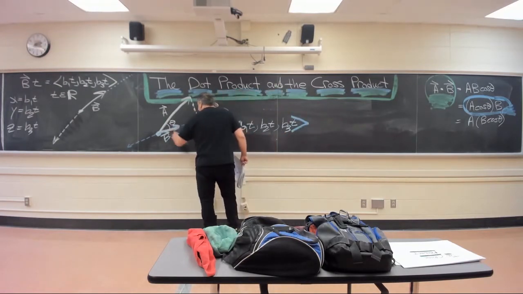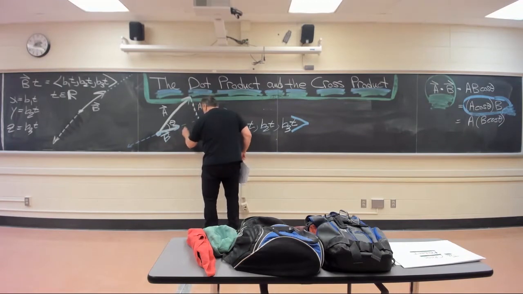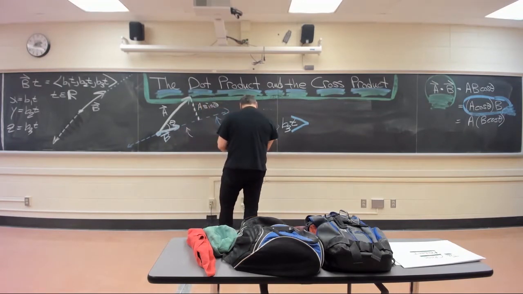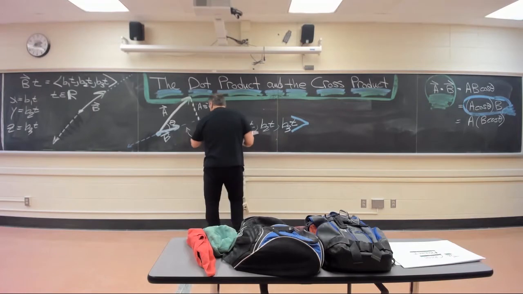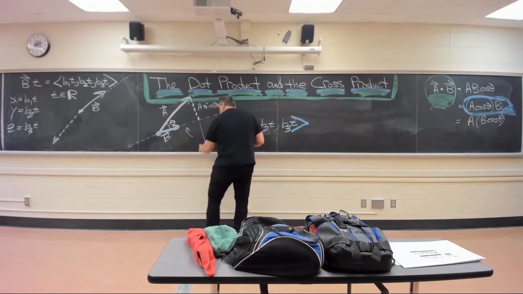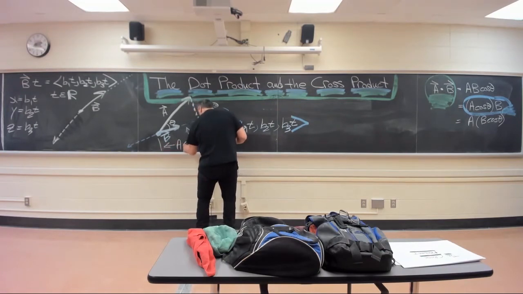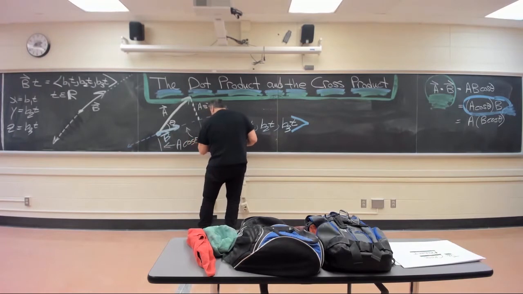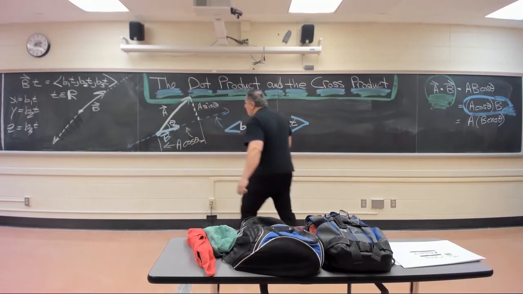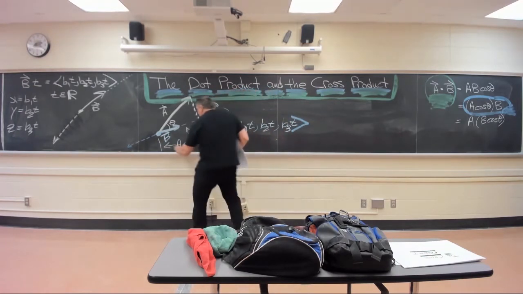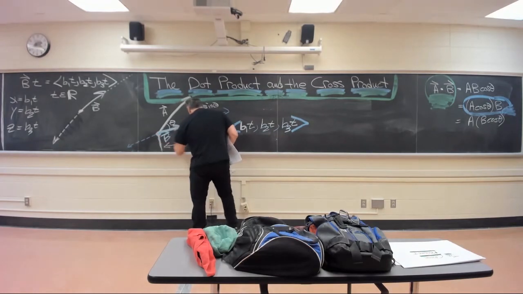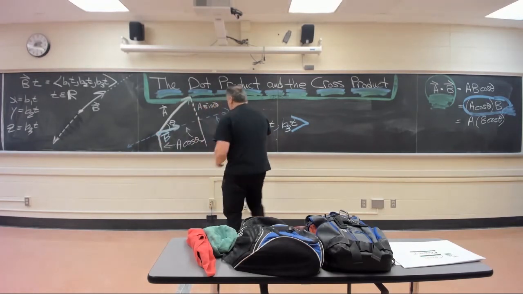This distance right here would be A cosine theta. Okay, that length right here is A cosine theta.